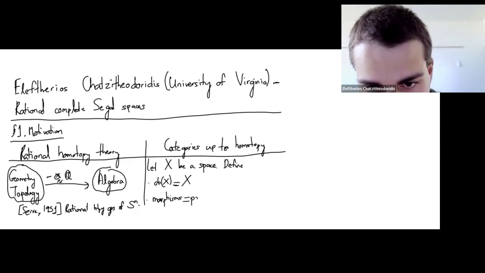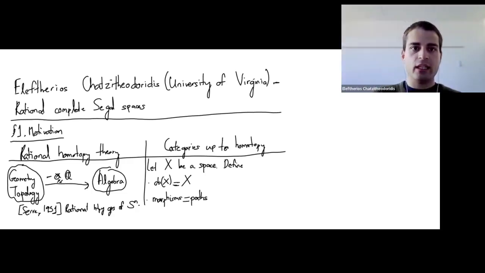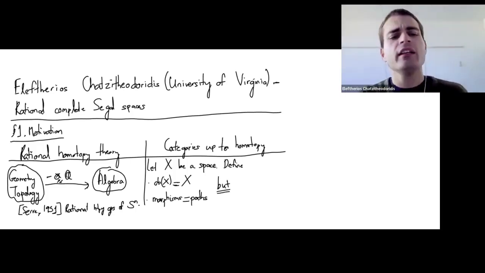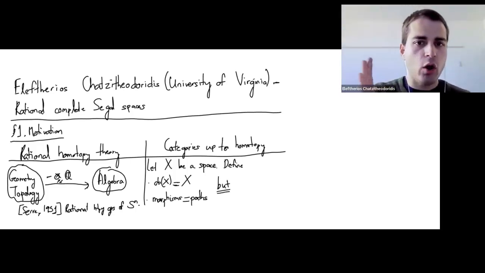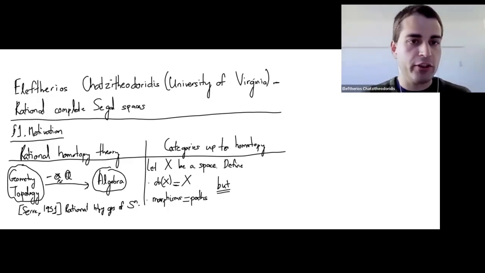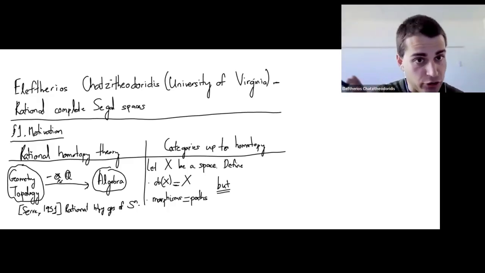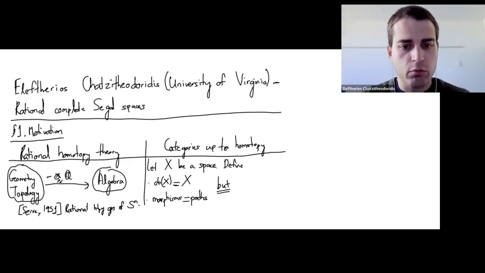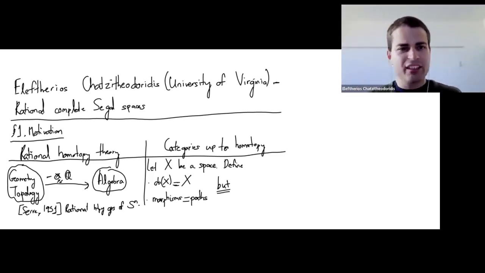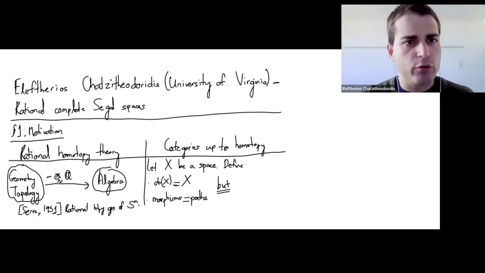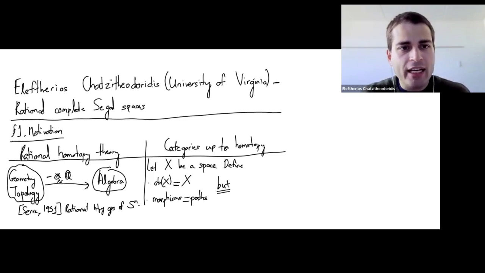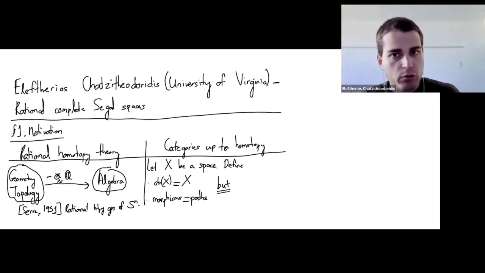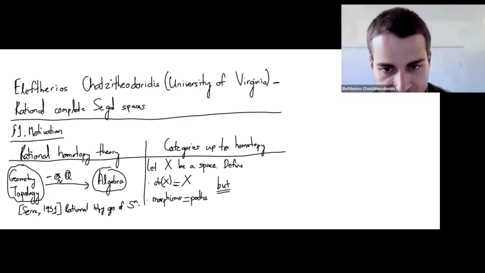And your notion of composition is going to be path concatenation, but path concatenation is neither associative nor unital on the nodes. It is only associative and unital up to path homotopy, which is the natural notion of deformation that you have when you study spaces. So this attempt does not, strictly speaking, give you a category, but it gives you a category up to the notion of deformation that one would expect in the topological setting.